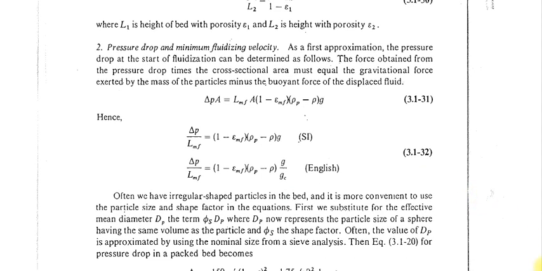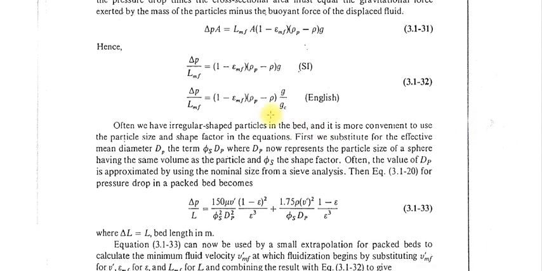This formula can be equated to the Ergun equation, which we studied in the last class. In the last class we studied that for a packed bed column, the pressure drop delta P by L equals this value. If you have laminar flow, where the Reynolds number of the particle is less than 10, the second term is neglected and you have only the first term.